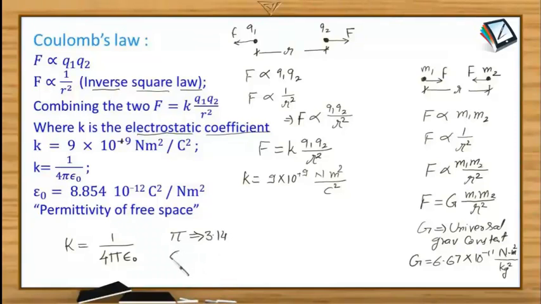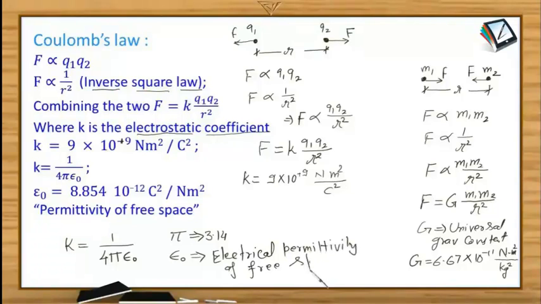And the term epsilon naught is basically the electrical permittivity of free space, and its value in the MKS system is 8.85 into 10 raised to the power minus 12.